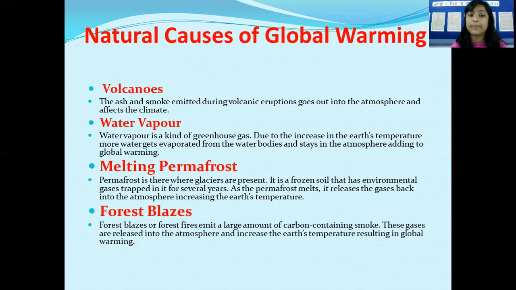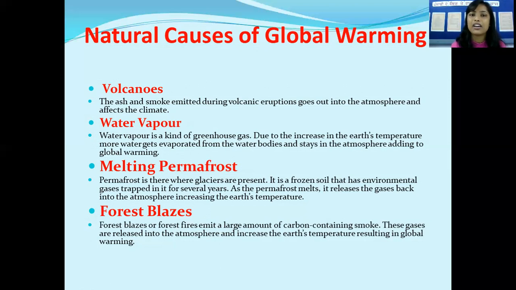So the third point here, you can see on the screen, is the melting of permafrost. Now, what is permafrost? Perma means permanent, and frost, you are well aware, the baraf we call it. So permafrost is there where glaciers are. It is frozen soil that has environmental gases trapped in it for several years. So the glaciers, what do you mean by glaciers?